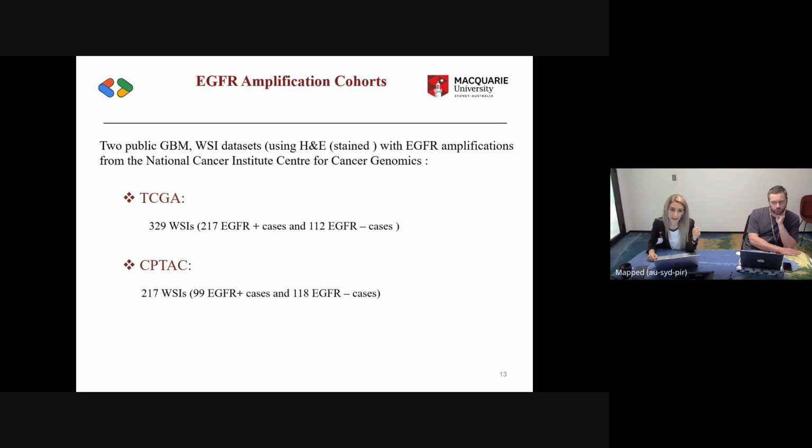TCGA and CPTAC. TCGA has 329 whole slide images, including 217 EGFR positive and 112 EGFR negative cases. And CPTAC has 217 whole slide images, including 99 EGFR positive and 118 EGFR negative cases.